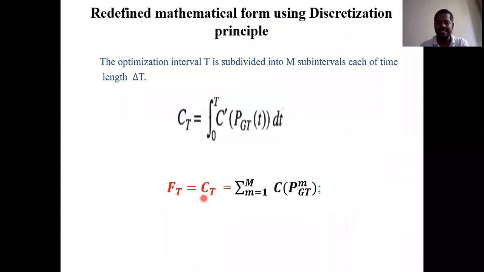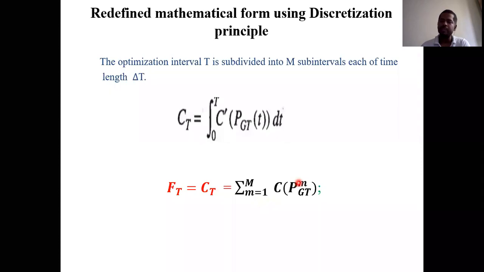This Ft and Ct are simply the representation of the fuel cost functions, and in the sigma, m equals 1 is the lower limit and capital M is the upper limit. Already we have seen these lower limit and upper limit in the previous classes. This is the fuel cost function of the thermal power plant, where small m represents a particular interval.